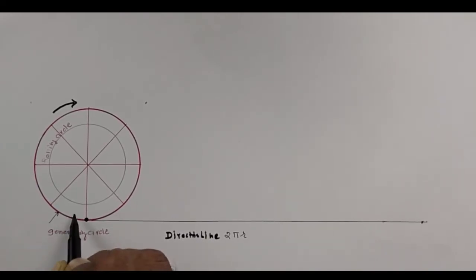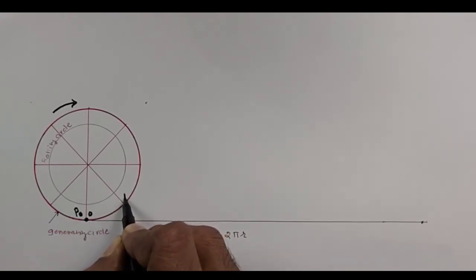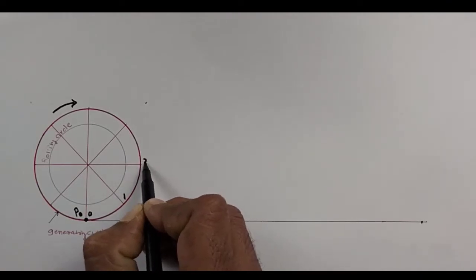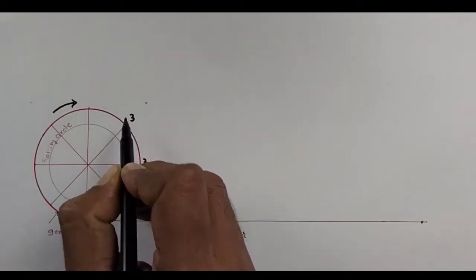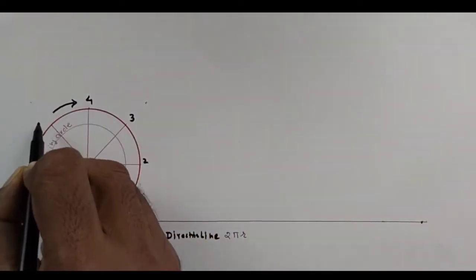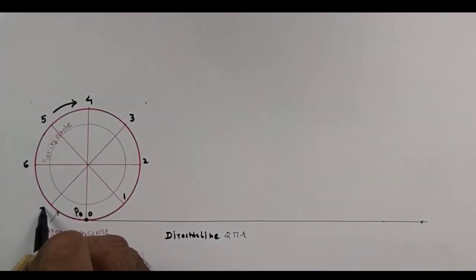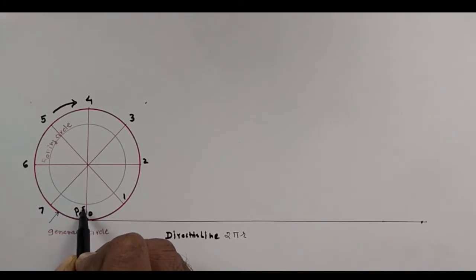That is our P0, the initial point. Now this is my starting point 0. Then I mark anti-clockwise numbering 1, 2, 3, 4, 5, 6, 7 and 8.